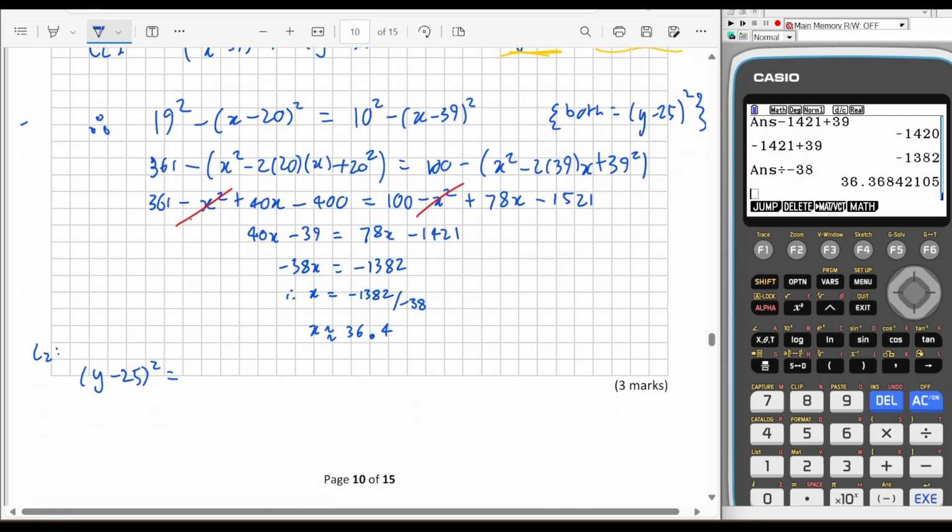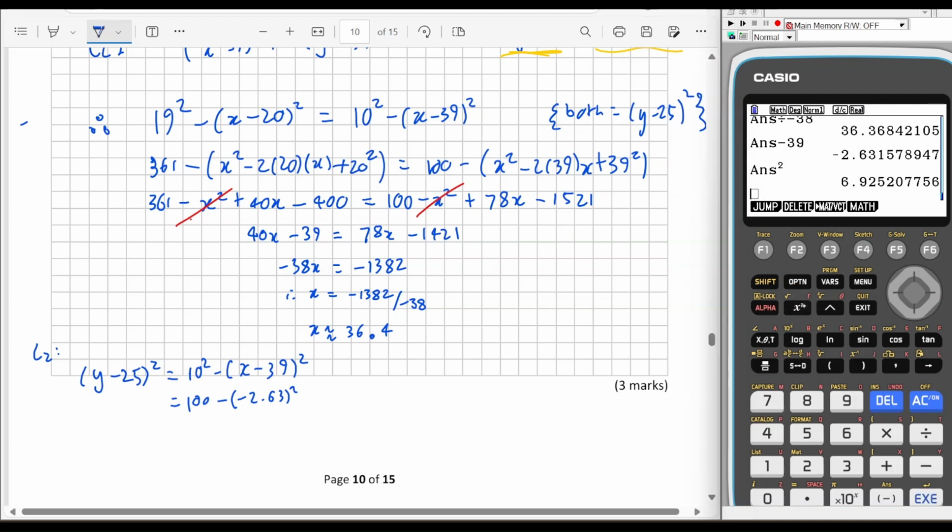10 squared, take x, take 39 squared. So that's 100, take, so 36.4, whatever that number is, take 39. So that's minus 2.63 all squared, and we'll square that.